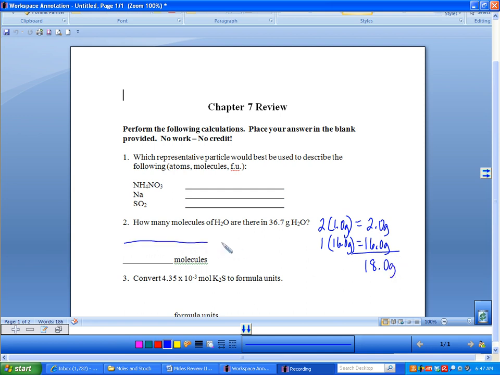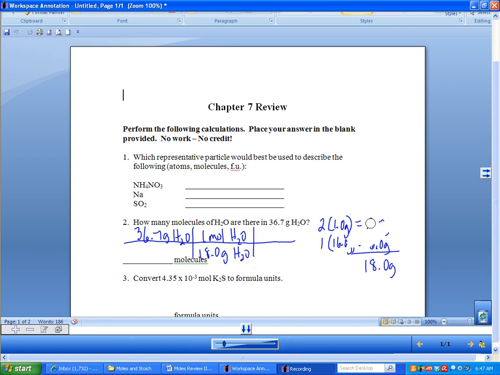So I'm going to set up a dimensional analysis. I'm going to write down what I was given first, 36.7 grams of H2O. And I know that 1 mole of H2O is 18.0 grams of H2O.